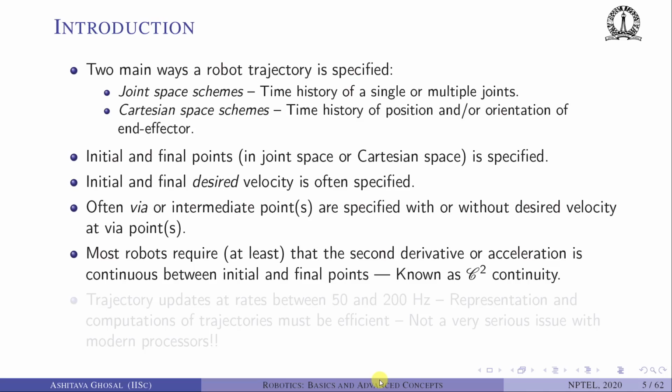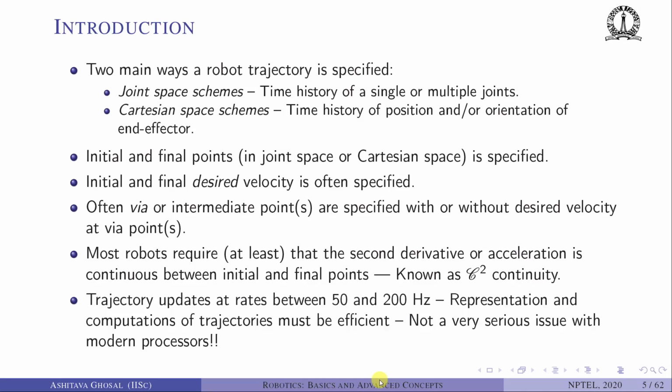Most robots require at least that the second derivative or acceleration is continuous between the initial and final points. This is known as C2 continuity. The trajectory update rates are typically between 50 and 200 Hertz, so between 20 and 5 milliseconds.